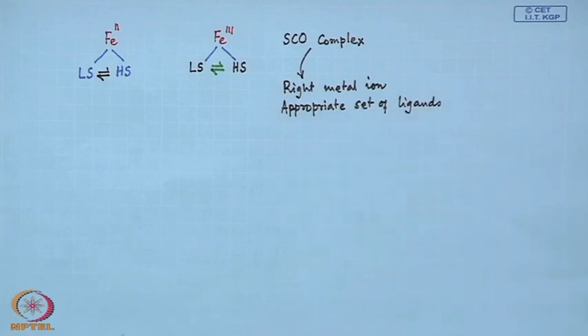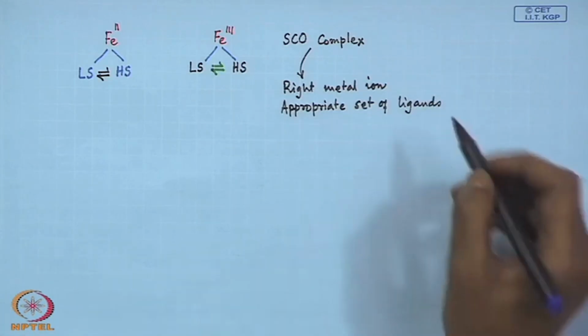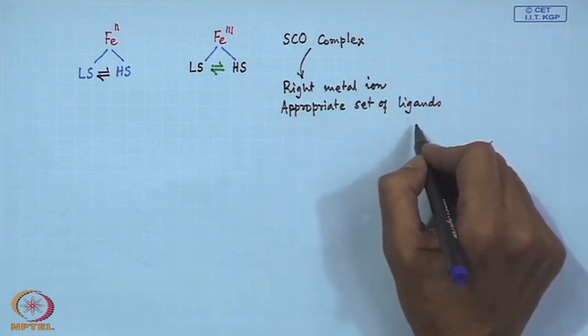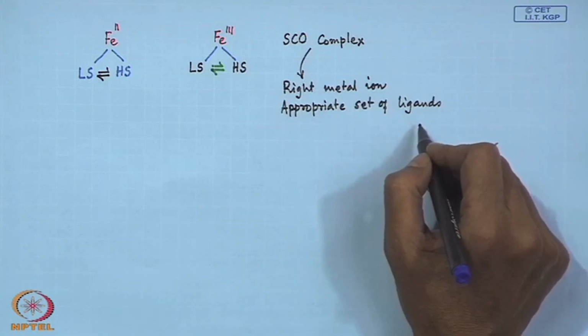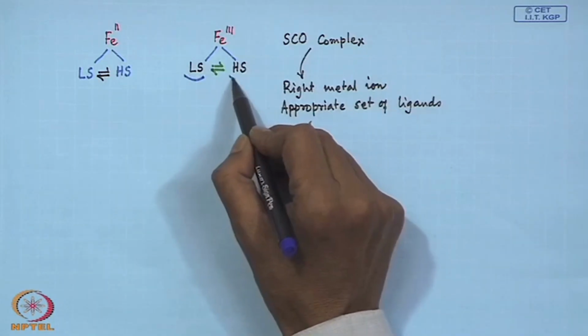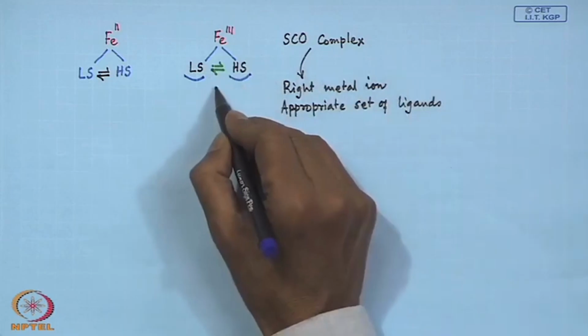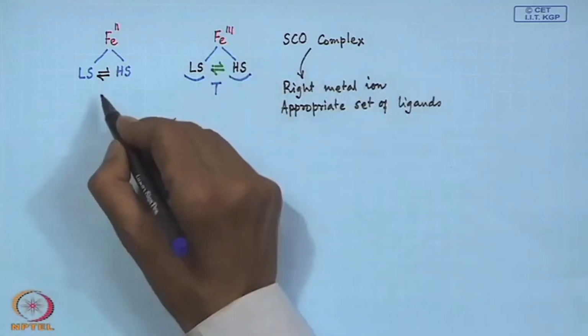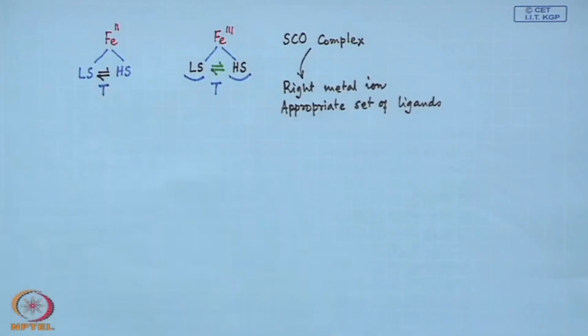These two things tell us that this particular metal ion in this ligand environment can have the chance to provide both high spin and low spin compounds, which is controlled by temperature variation.